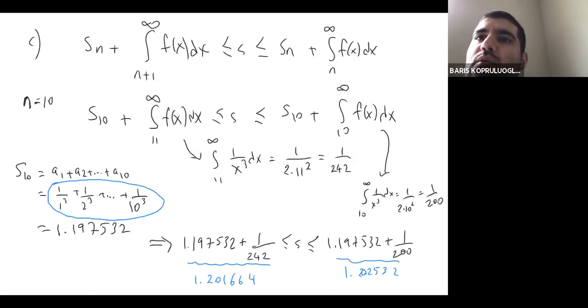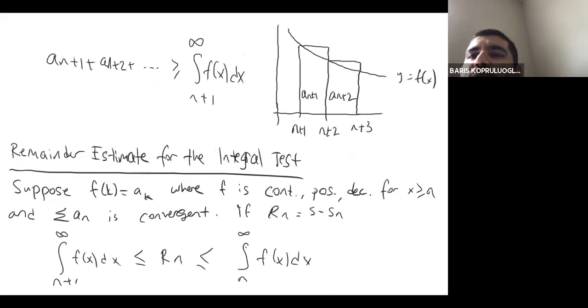Okay, so it actually came from, so let's go back to the theorem, the remainder estimate for the integral test. So we know that the error is between the integral of f from n plus 1 to infinity and the integral of f from n to infinity.